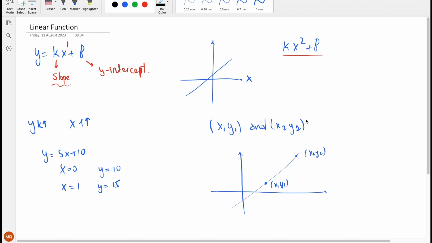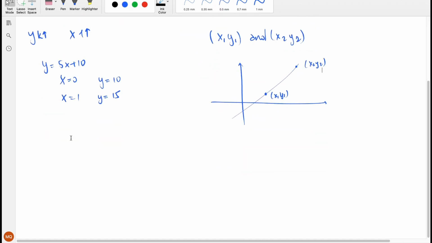For finding slope we have this formula. k is equal to y2 minus y1 over x2 minus x1. Or you can think of it like this: this part is y2 minus y1 over this part, x2 minus x1, or in other words, we can say rise over run.